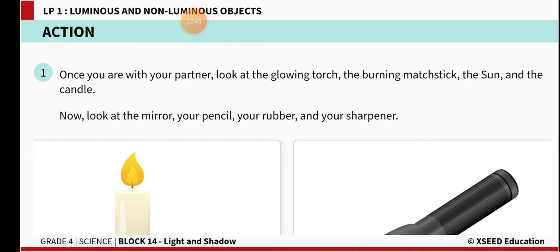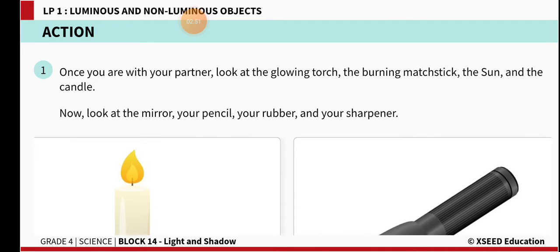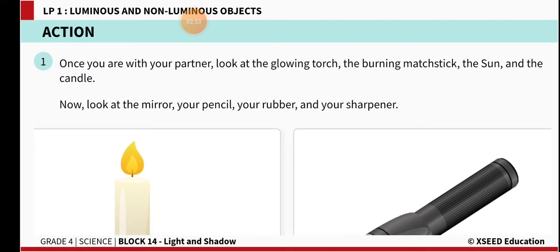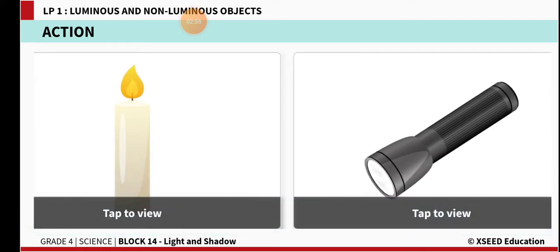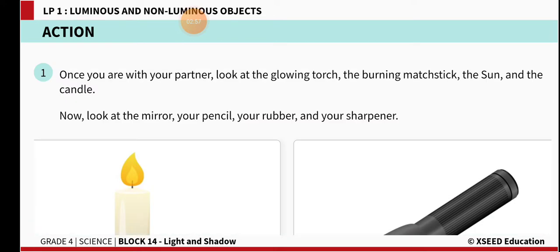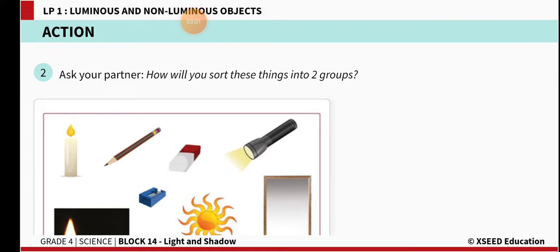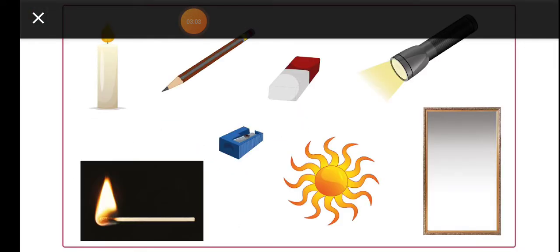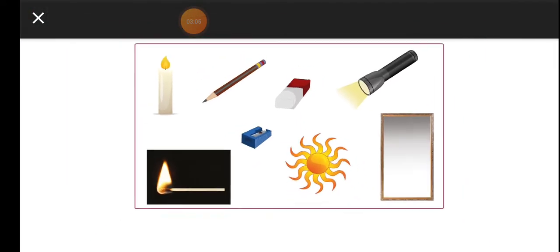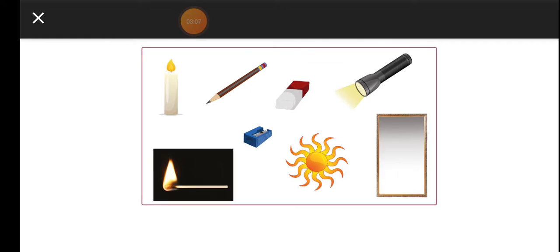Once you are with your partner, look at the glowing torch, the burning matchstick, the sun and the candle. Now what we'll do in the activity: how will you sort out these things which I am giving in this picture? You have to sort out the things into two parts, by which gives the light and which cannot give the light.